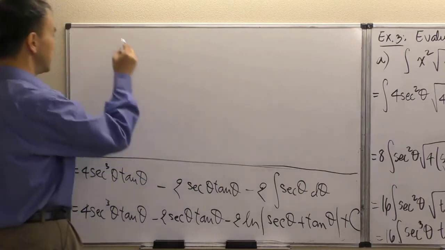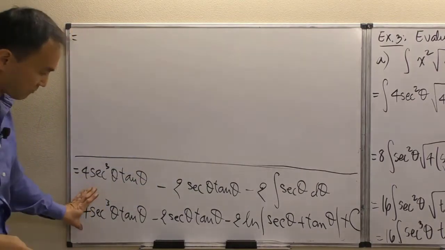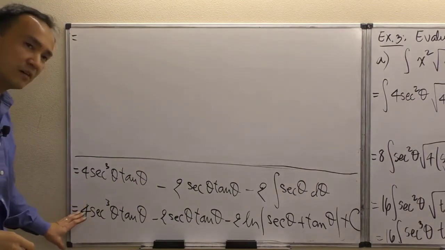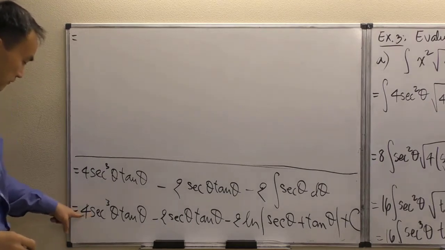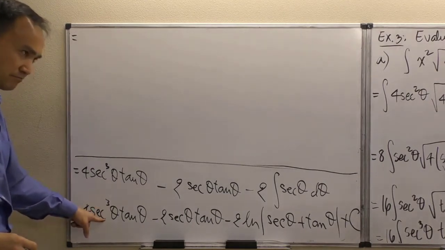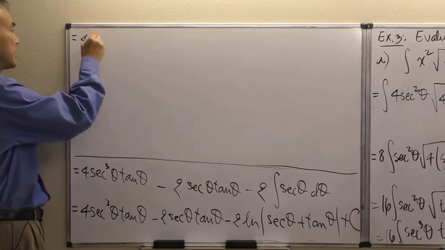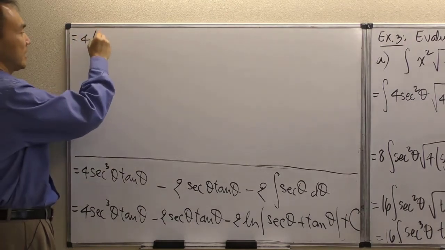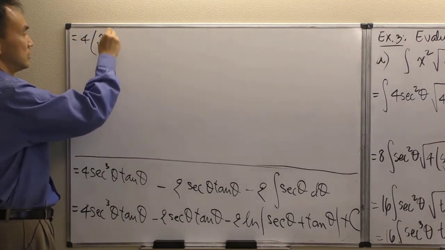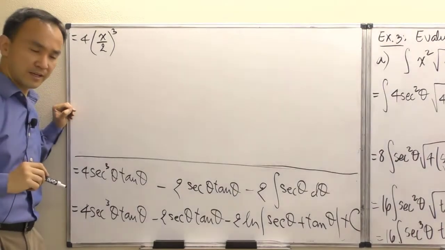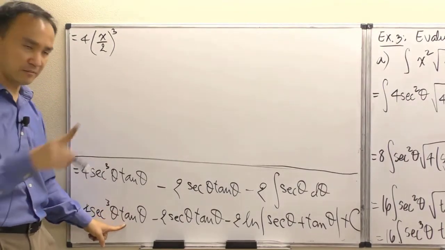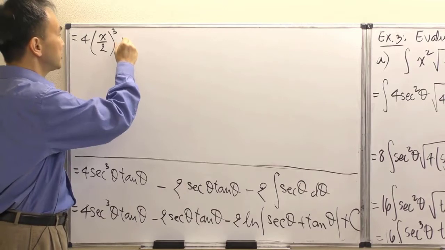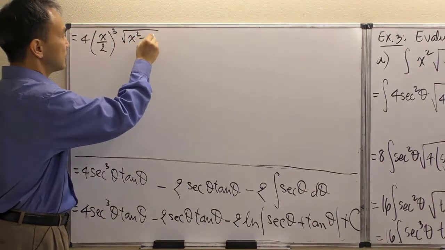All right, so now in this current final answer of the indefinite integral, we have 4 times secant cubed theta. But secant of theta is x over 2, so x over 2, cubed. And tangent of theta we found previously to be the square root of x squared minus 4, over 2.